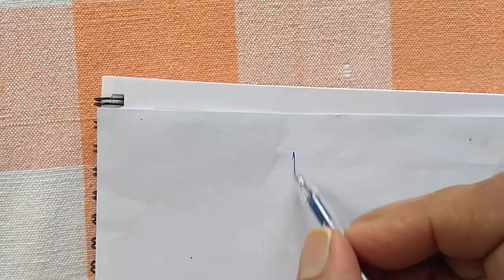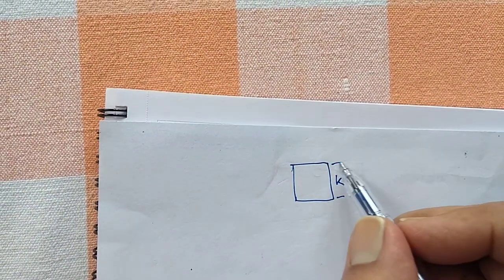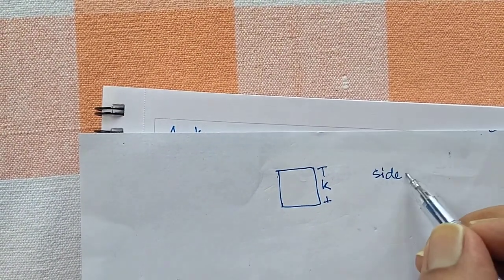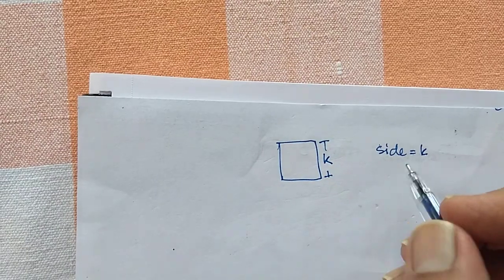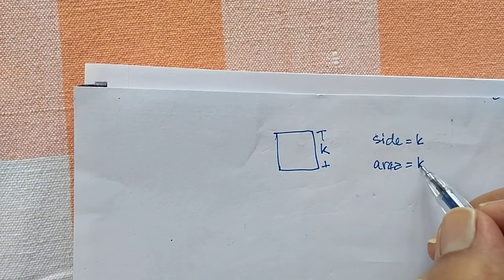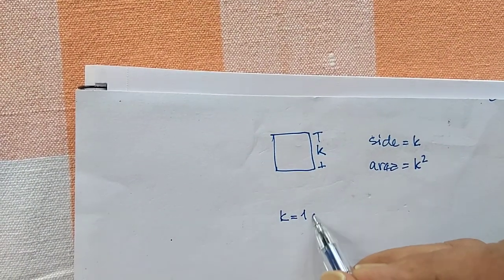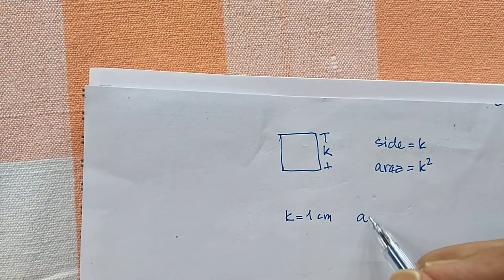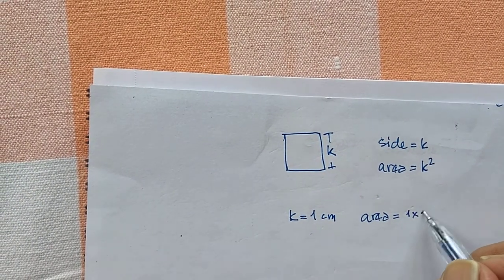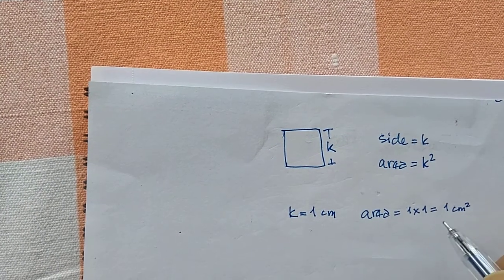If I draw a square, this is k, so the side is k, and what is the area of a square? k square. So if k is 1, the area is 1 into 1, which is equal to 1 centimeter square.